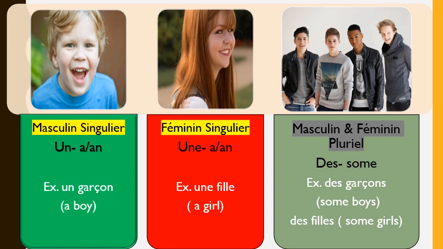Now, if the noun is feminine and singular, the indefinite article used is une. It is the same again as we have a and an in English. The example I have taken over here is a girl, right? And if I have to say a girl in French, I will say une fille.